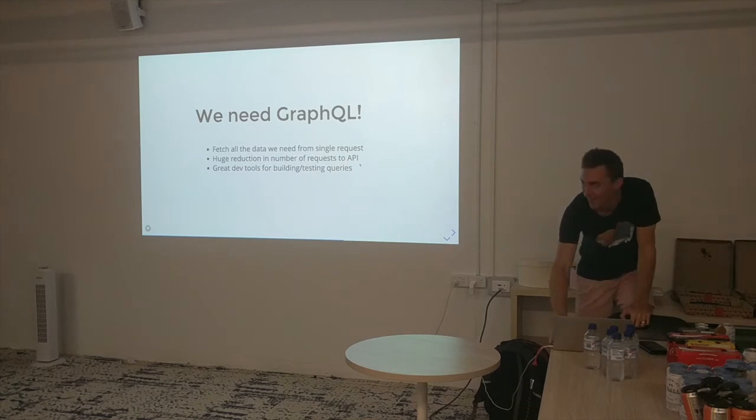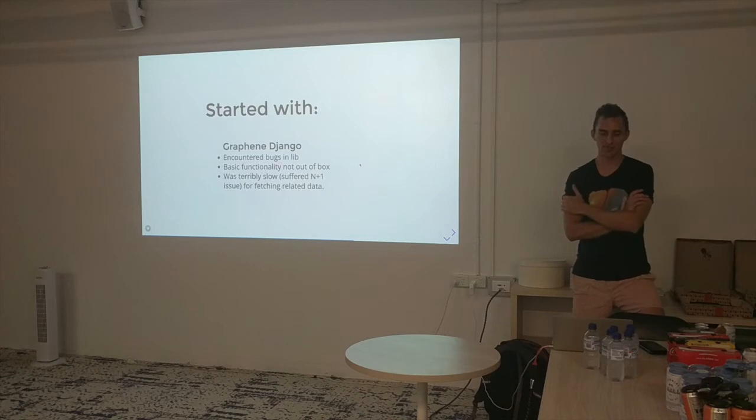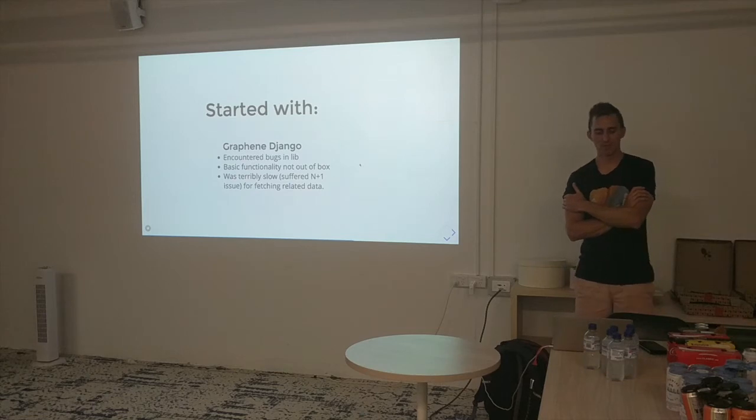So we started with Graphene Django, which was a plugin for Django that basically provides some of the basic library functionality. We probably used it for 6 months, and then just started finding more and more issues with it, writing more and more code on top of their library, and fixing bugs in the library.